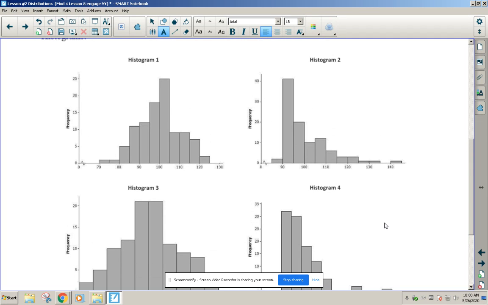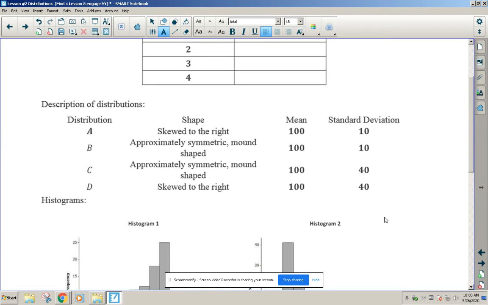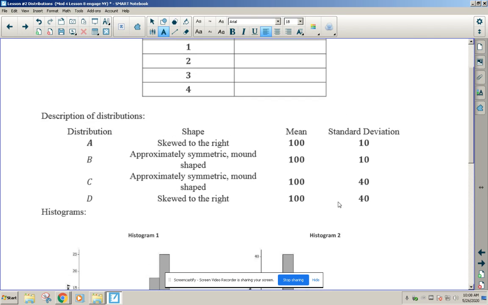Looking at the picture, which one do you think would be A, shaped skewed to the right, B, approximately symmetric mound shaped, C, approximately symmetric mound shaped but with a standard deviation of 40, and D, skewed to the right with a standard deviation of 40. So give it a shot, see which way you think it goes, and then turn the video back on and see if your work will match mine.